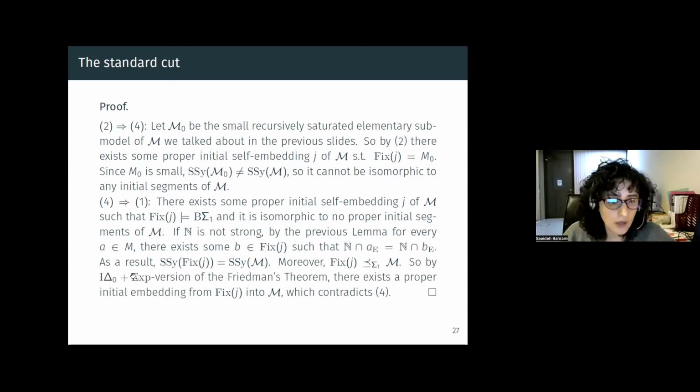So the conditions of the IΔ0 plus exp version of Friedman's theorem hold. So there would be a proper initial self-embedding from Fix of J into M, which contradicts 4. So N should be strong in M.